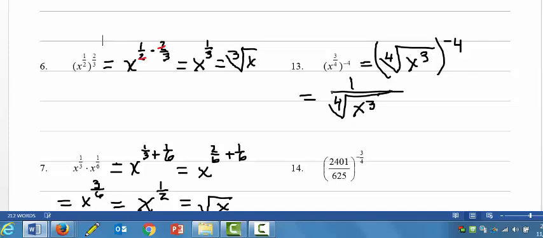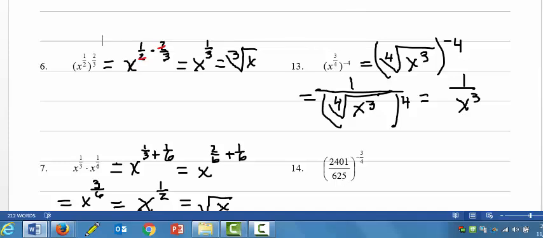So if I move this to the denominator, that exponent of negative 4 changes to a 4. So this fourth power and this fourth root cancel each other out, and I'm left with 1 over x cubed, which is my final answer.